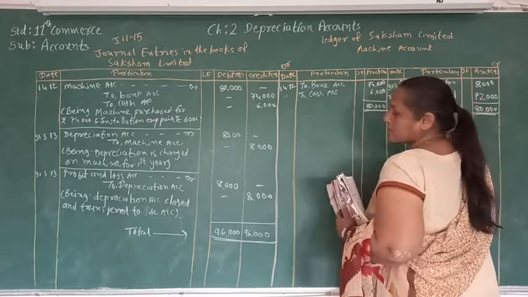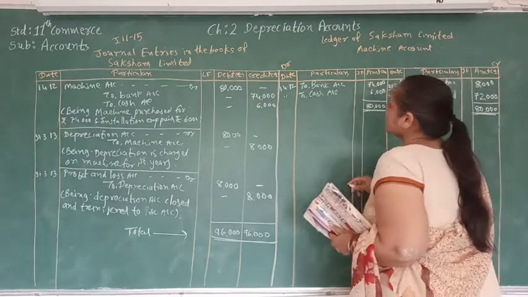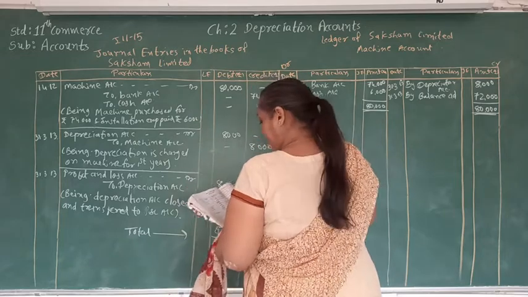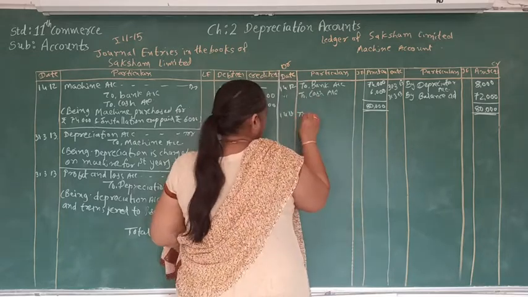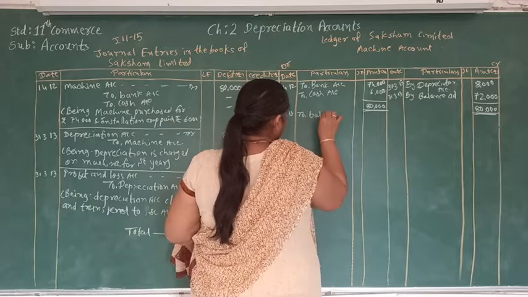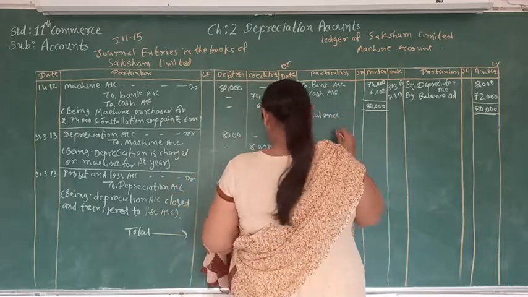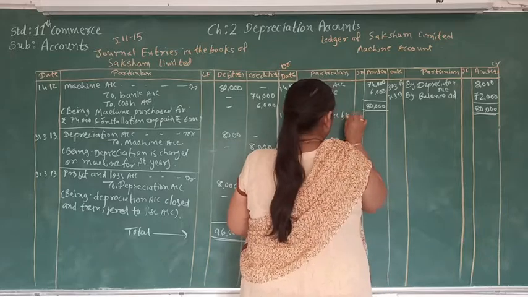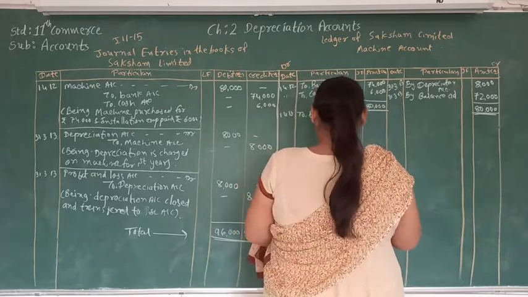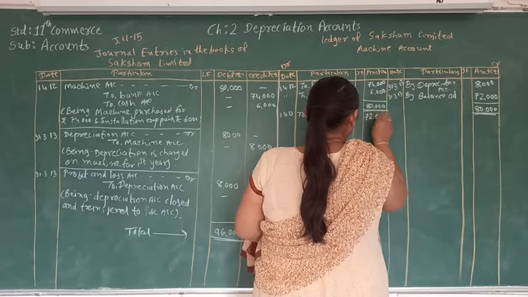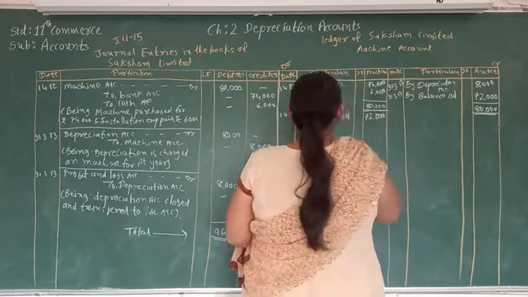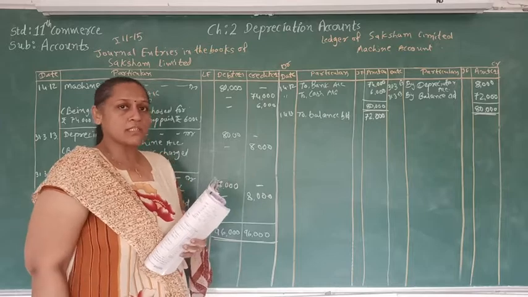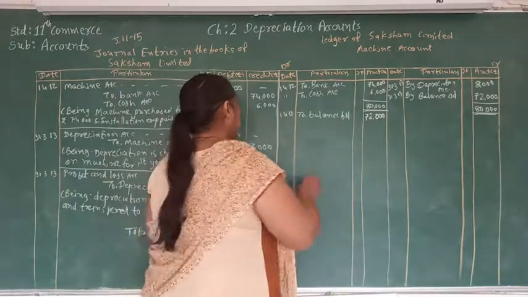The same balance we are going to carry forward to the next year, on 1/4/13, and the amount will be the balance brought down, and that will be 72,000.